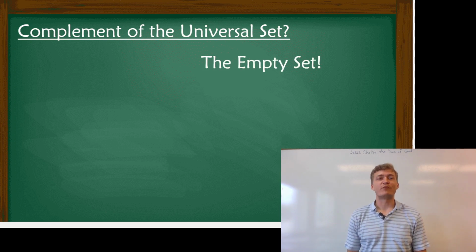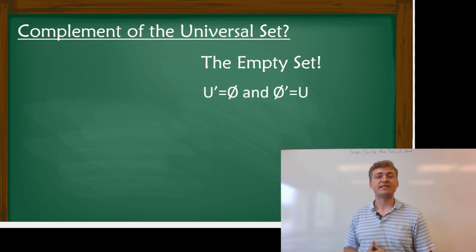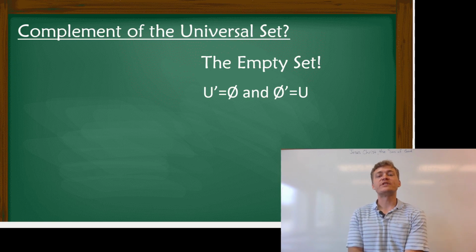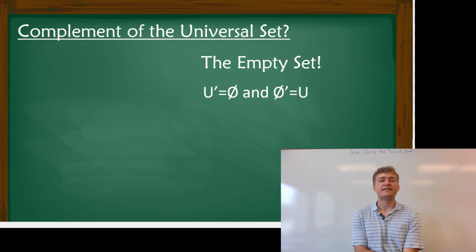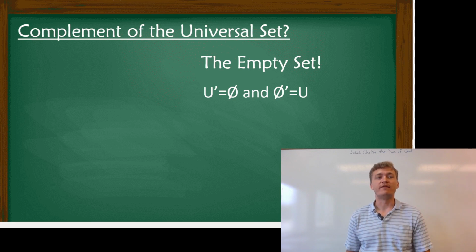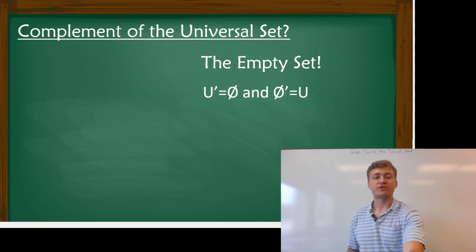And the set that represents nothing is the empty set. So the complement of the universal set is the empty set, and therefore the complement of the empty set is the universal set. That's what we're seeing here. The first equality says that U complement, the complement of the universal set, is the empty set, and the complement of the empty set is the universal set.